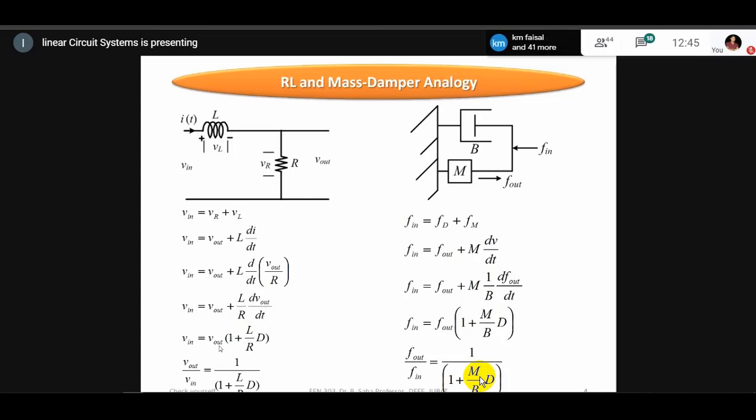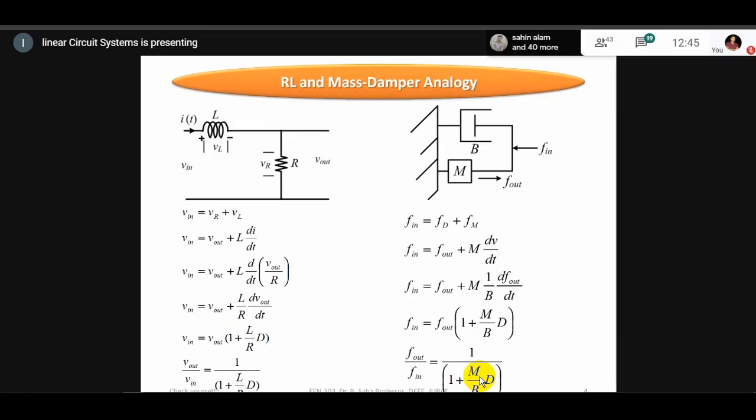Then V out is taken common with 1 plus L by R d. Then V out by Vin equals 1 over 1 plus L by R d.